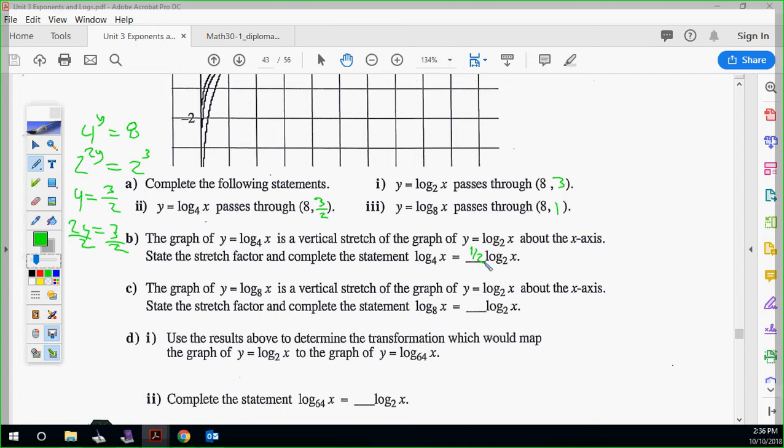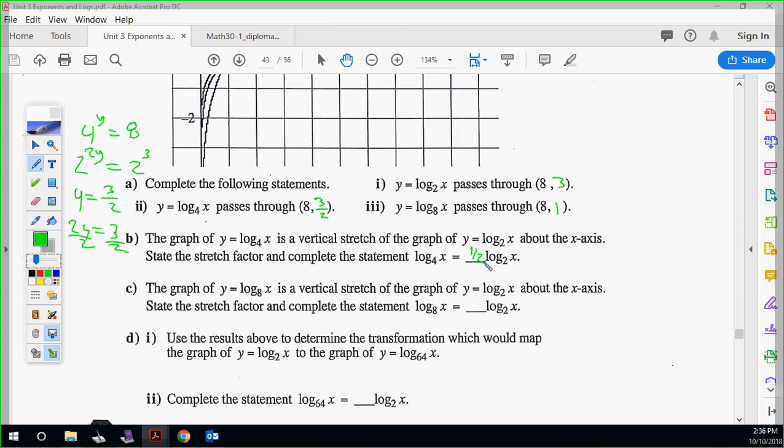Okay, let's do now. We got a couple more. So now let's think about going from log base 2 to log base 8. What do I have to do to log base 2 to make it log base 8? Okay, question. Is it getting bigger or smaller?